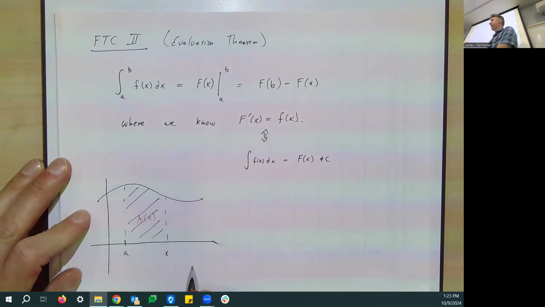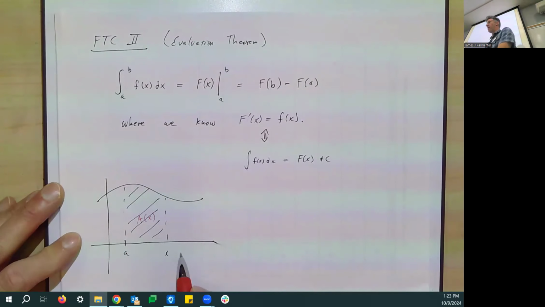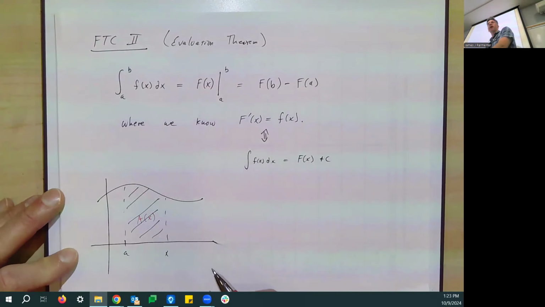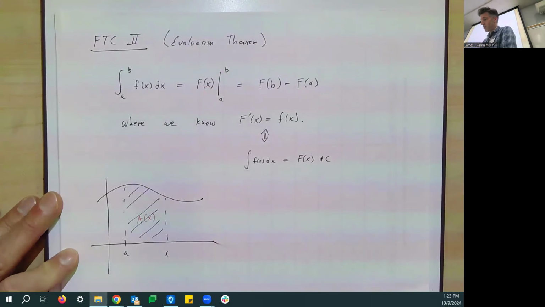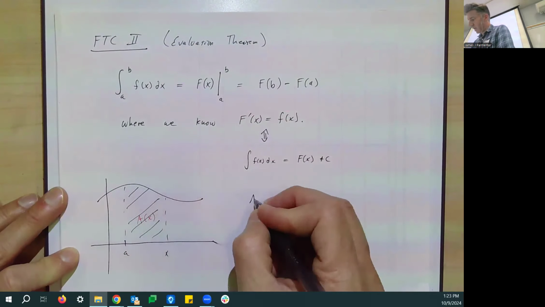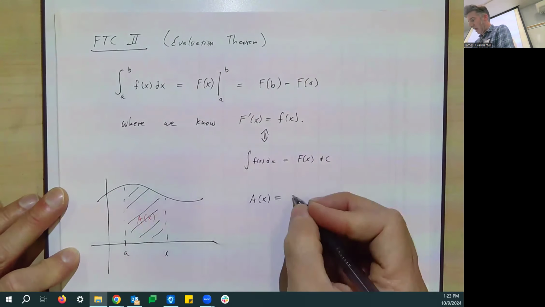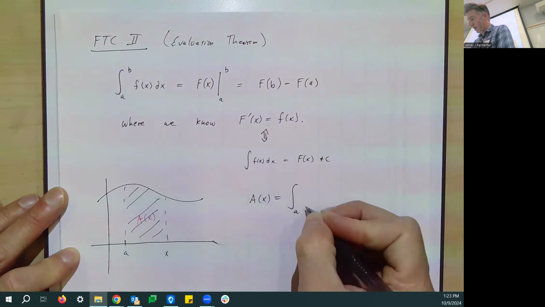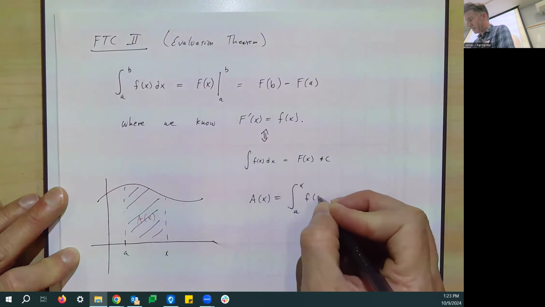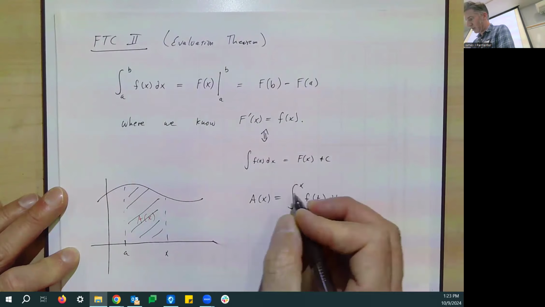Where X is variable, A is constant. So you can think about moving X to the right and the area getting larger, moving X to the left and the area getting smaller. So we're going to say that capital A of X is the area under the curve from A to X of f of t dt. I'm going to use f of t.